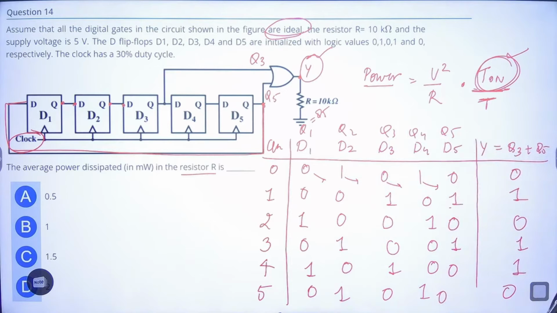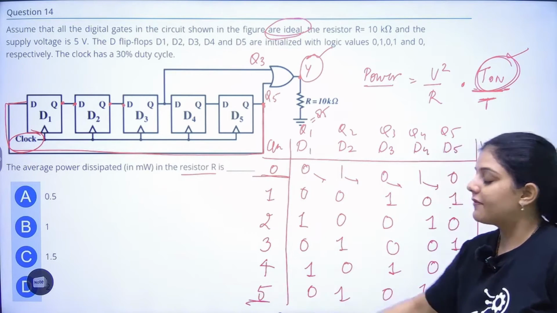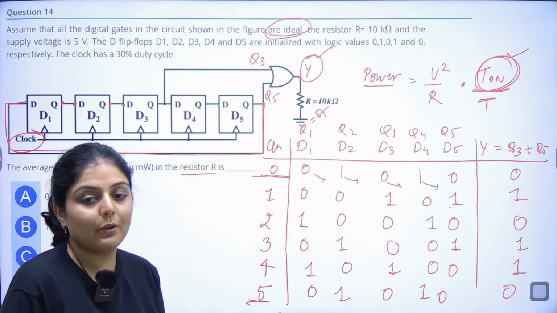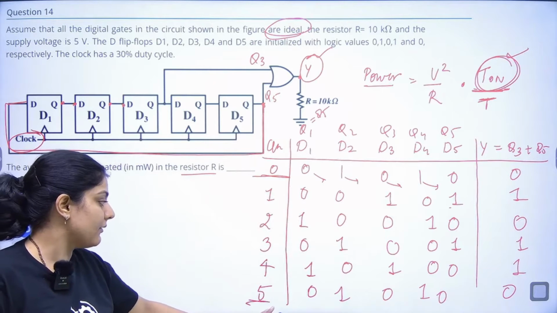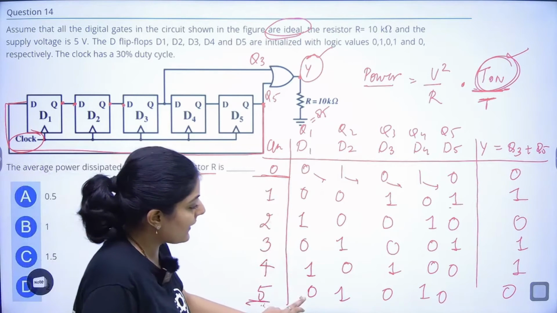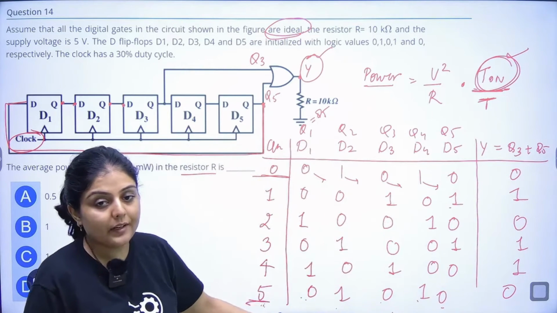The value will be 0. Now you can see the same value is repeated after the fifth clock pulse. Whatever initial value was there, it repeats itself after the fifth clock pulse, because we get the initial value 0, 1, 0, 1, 0 again, and the cycle will repeat itself after this.